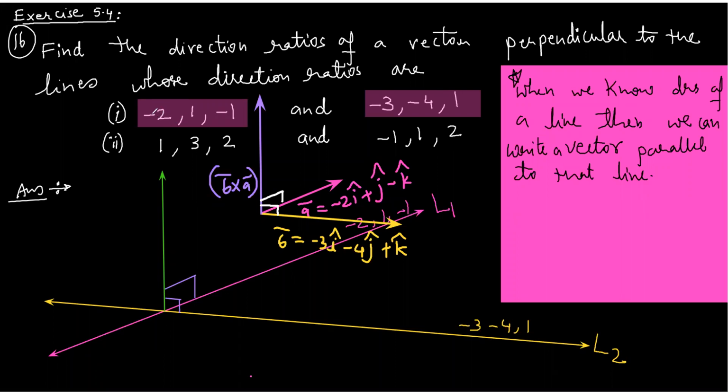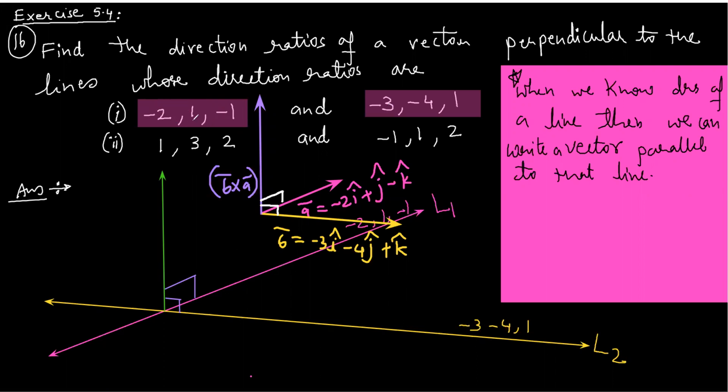Secondly, they could have asked us to find simply a vector. Instead of asking DRs of a vector perpendicular to these two lines, they could have simply said find a vector perpendicular to these two lines. In that case, the solution is the same as what we did.